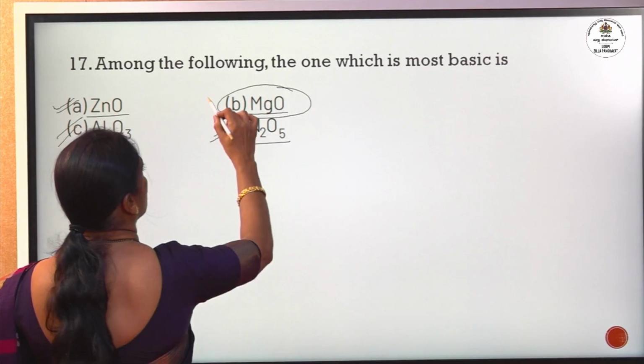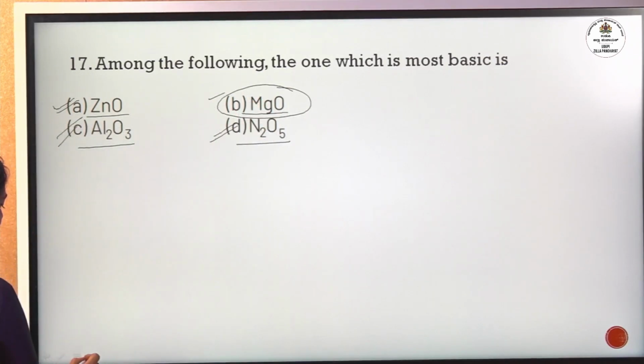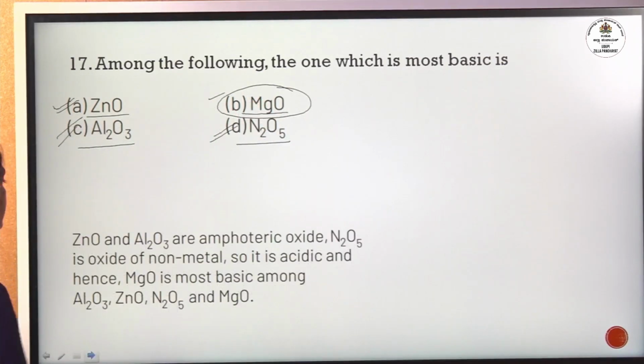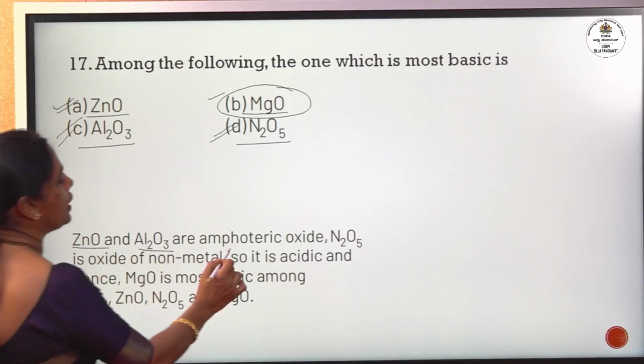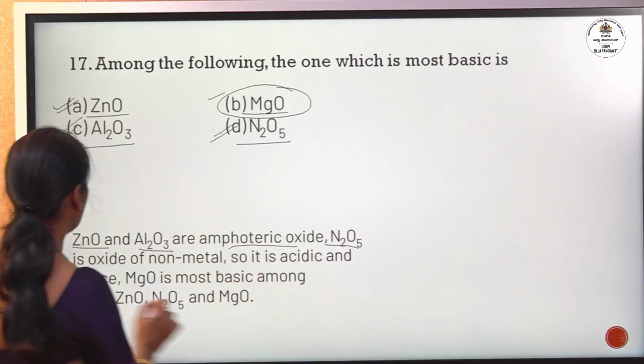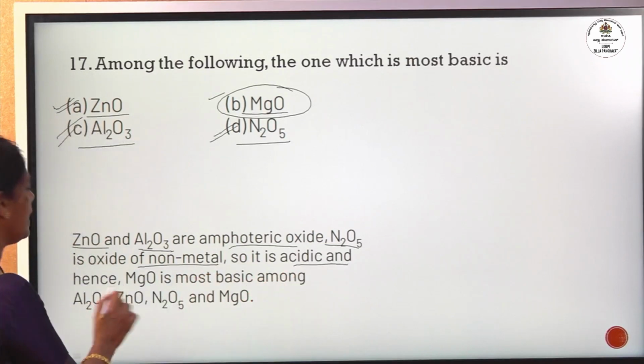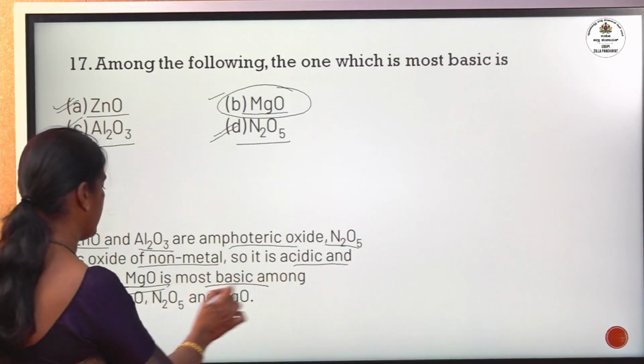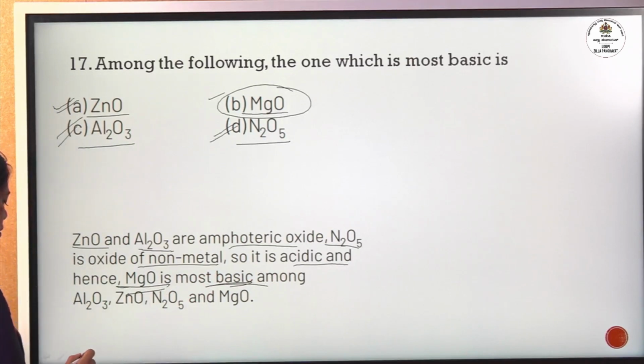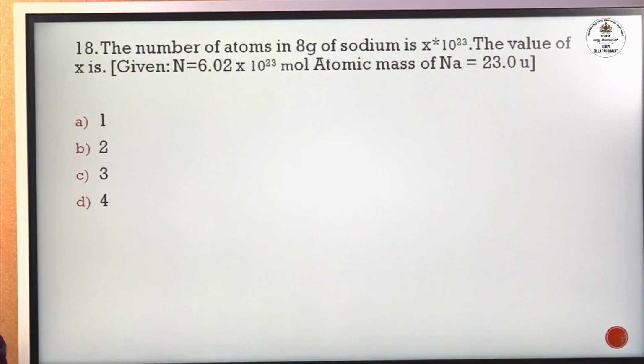So, the answer is B. ZnO and Al2O3 are amphoteric oxides. N2O5 is an oxide of a non-metal, so it is acidic. MgO is most basic among the four. So answer B is the correct answer.